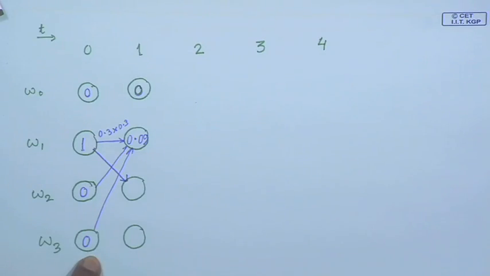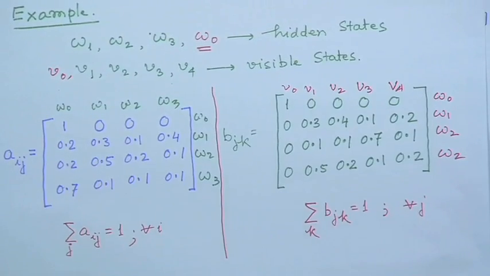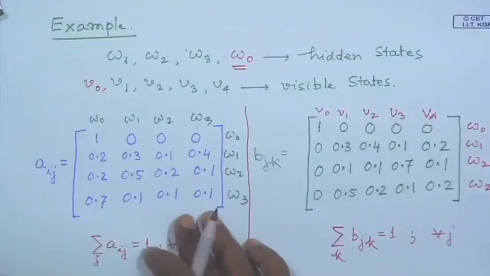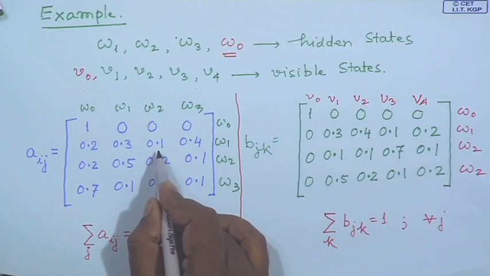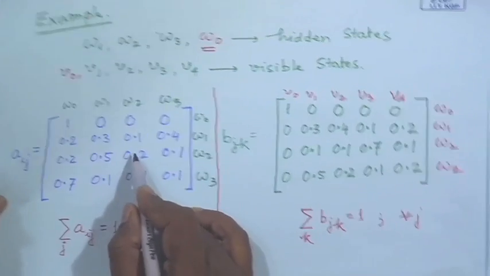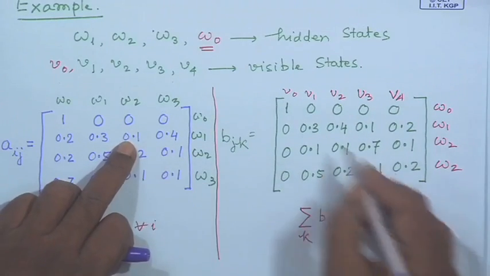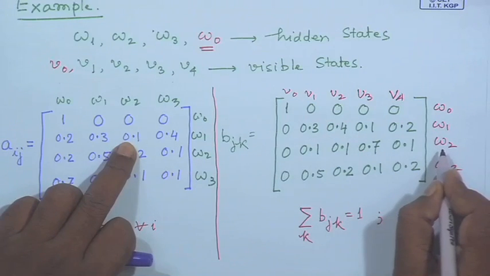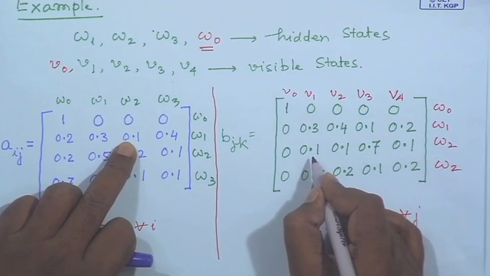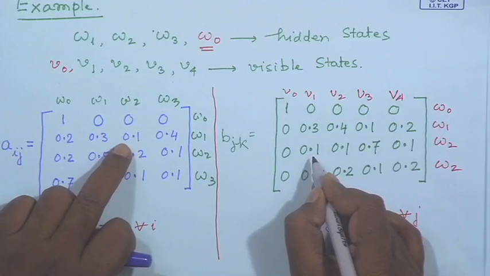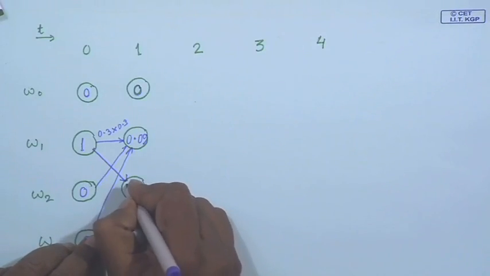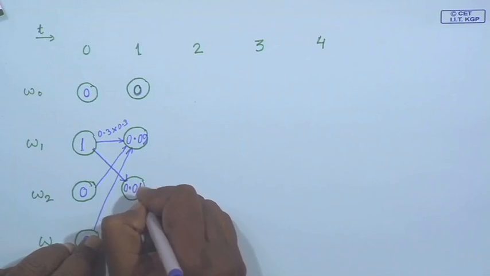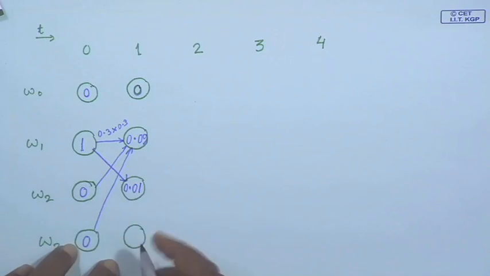And again, the transition probability from omega 1 to omega 2 is 0.1, and the emission probability of V 1 from omega 2 is also 0.1. So, this contribution will be 0.1 into 0.1, which is nothing but 0.01. In the same manner, I can compute that this will be 0.2.